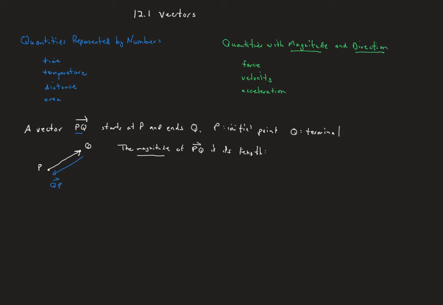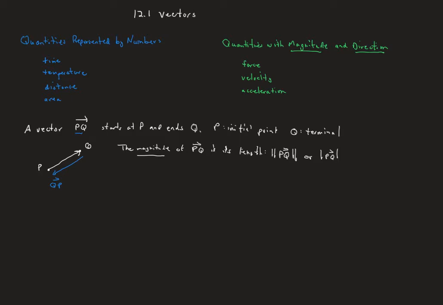Our book is going to write it, it looks kind of like a double bar absolute value sign. And so that symbolism right there represents the magnitude or length of vector PQ. Some other books, you will also see it written just like an absolute value sign. So if you see that somewhere else, don't be confused by it. They mean the same thing.